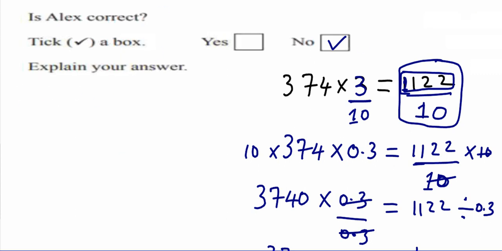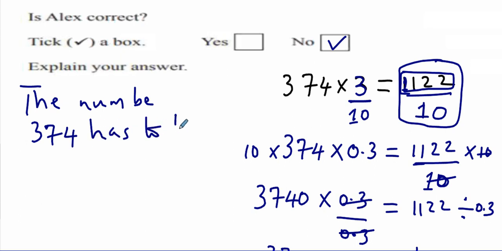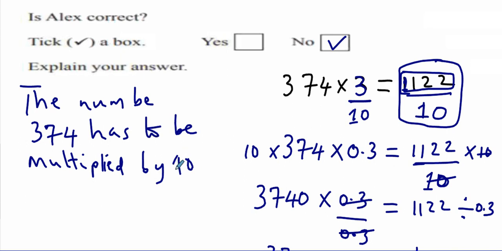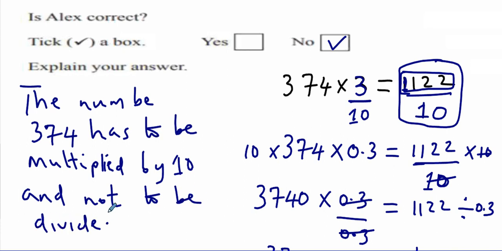The idea is the number 374 has to be multiplied by 10 and not to be divided by 10.